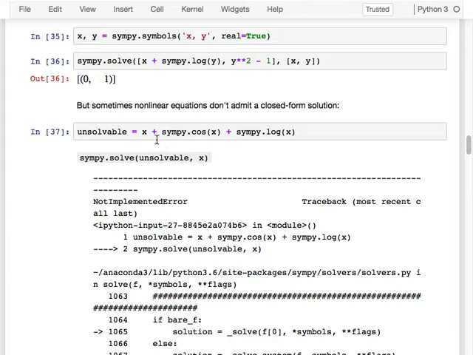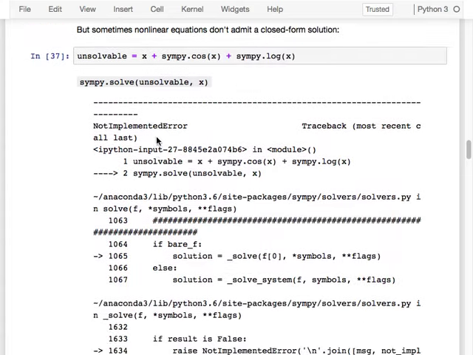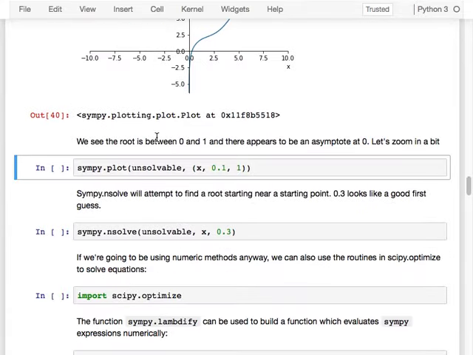But if you then try and log that, you end up with the log again, right? So a lot of times transcendental equations are effectively unsolvable by analytic means because you can't see a way to get rid of all of those functions at the same time.